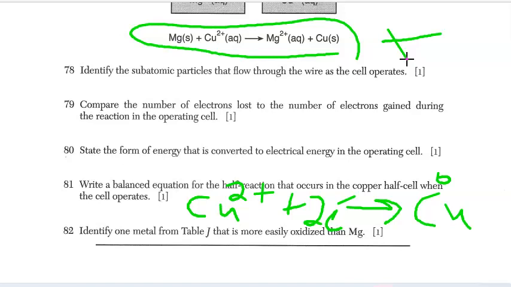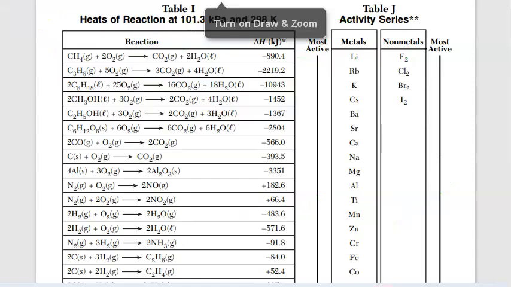And then finally in 82, identify one metal from table J that is more easily oxidized than magnesium. Let's check out table J. We find magnesium on table J. Here it is. What you're looking at, the highest is lithium as the most active metal and it goes all the way down to the least active.